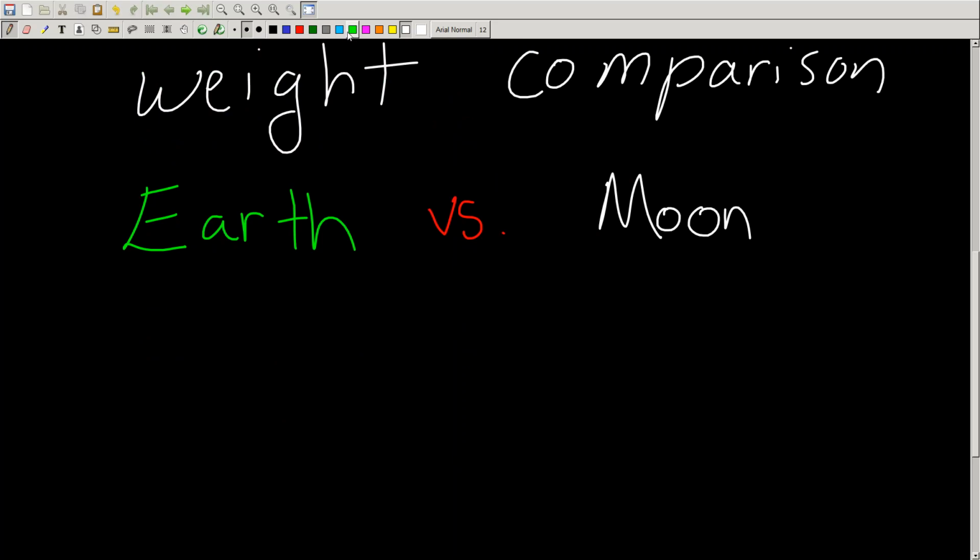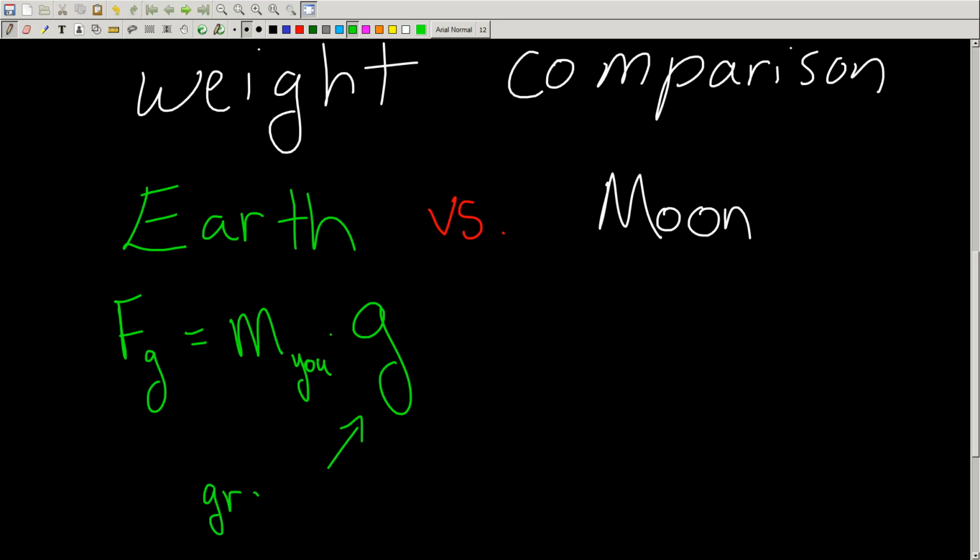Now, how do we calculate weight? Well, we talked about this before, but there's a short form to doing it. Basically, the force of gravity is another name for weight. Force of gravity equals the mass, your mass, so this is the mass of you, times something called the gravitational field constant.